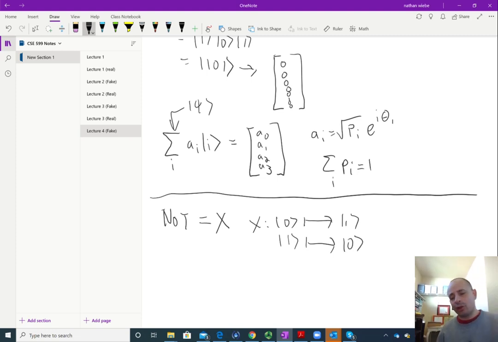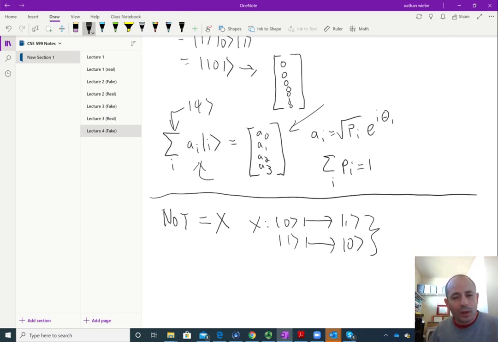Now, this mapping is completely enough to specify the action of the map. The reason why is because the computational basis is complete. So that means every vector can be written in terms of the computational basis, just like I did up here. This is an arbitrary vector, and this is its representation as a sum of vectors in the computational basis.